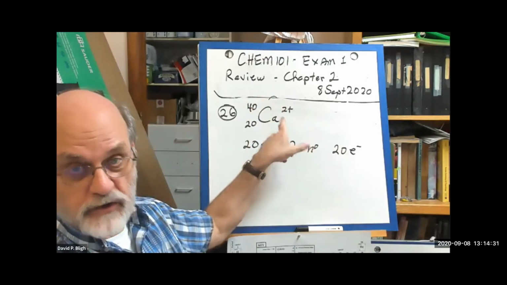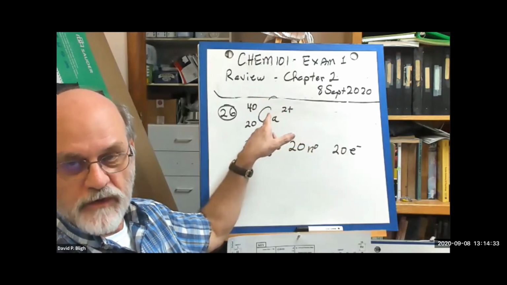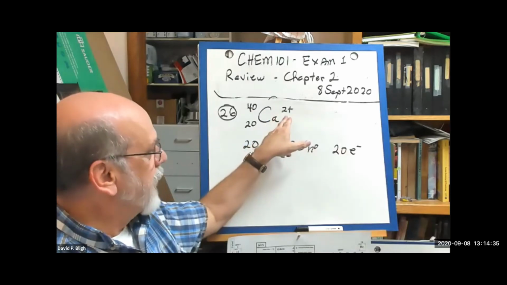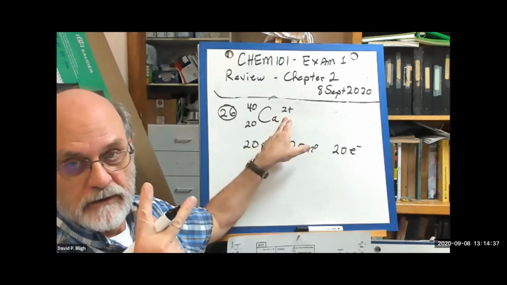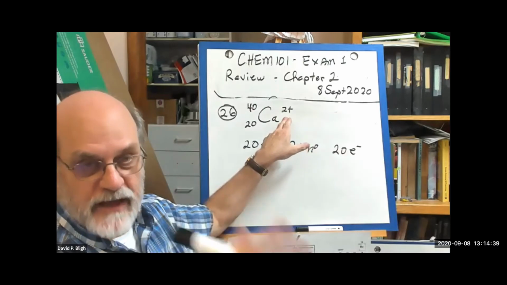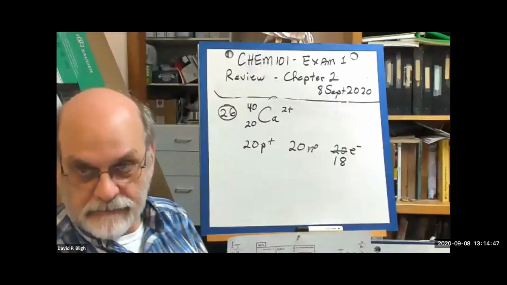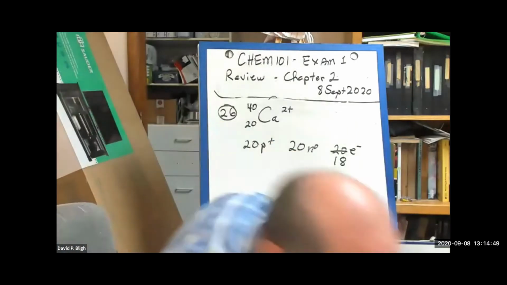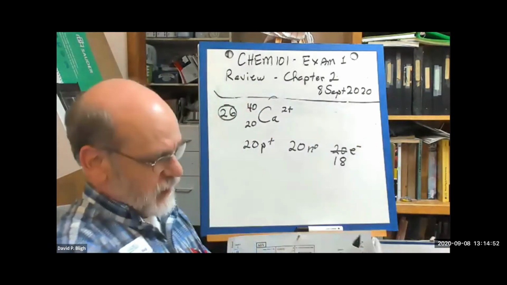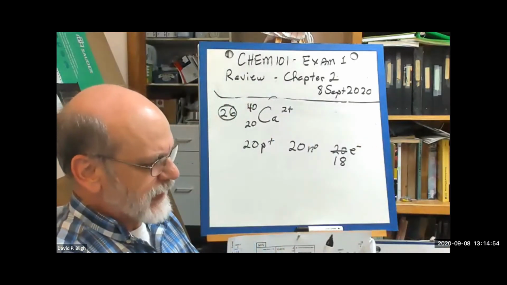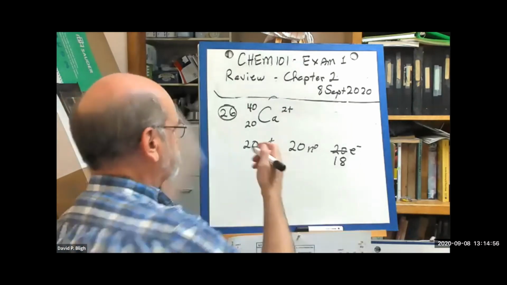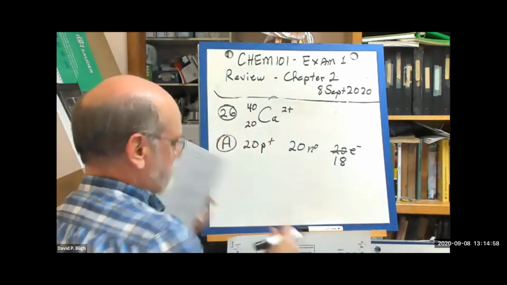Mess with the protons, you change the element. So the number of electrons is now deficient by 2, because you have an excess of protons in the number of 2 pluses. So that means this would have to be 18. Which is A. Okay.